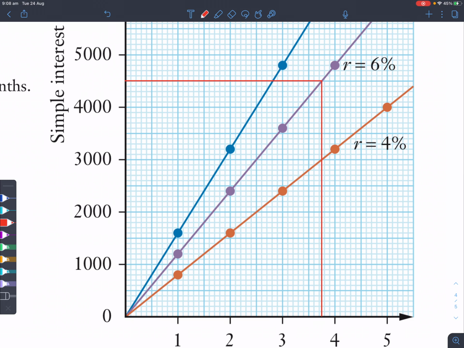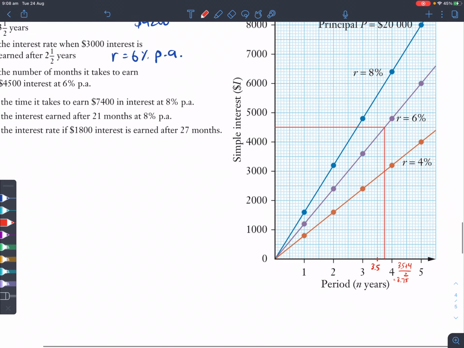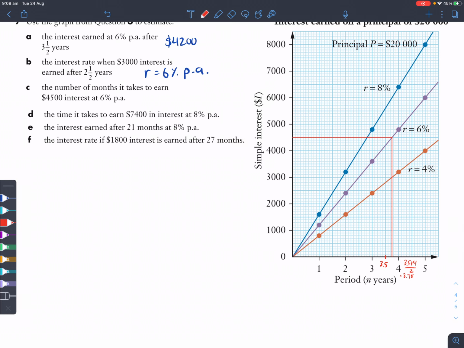This part is 3.5, and the line hits right between these two values. If you add them up and divide by 2, that equals 3.75. So it takes around 3.75 years to earn that amount of interest.